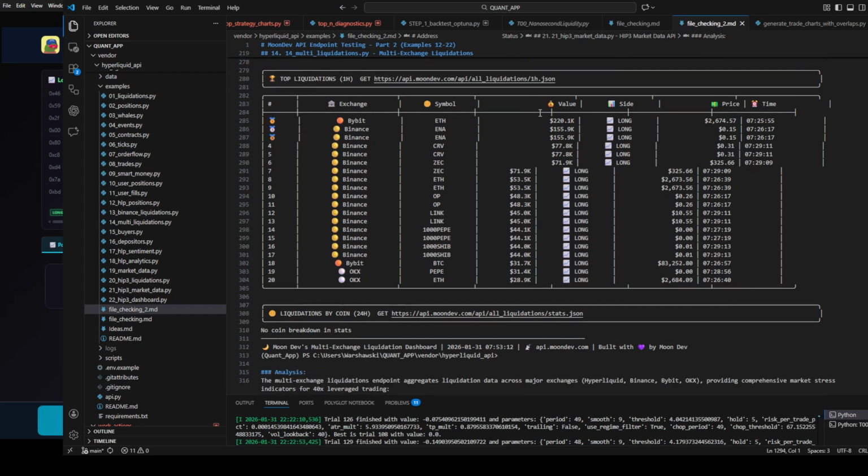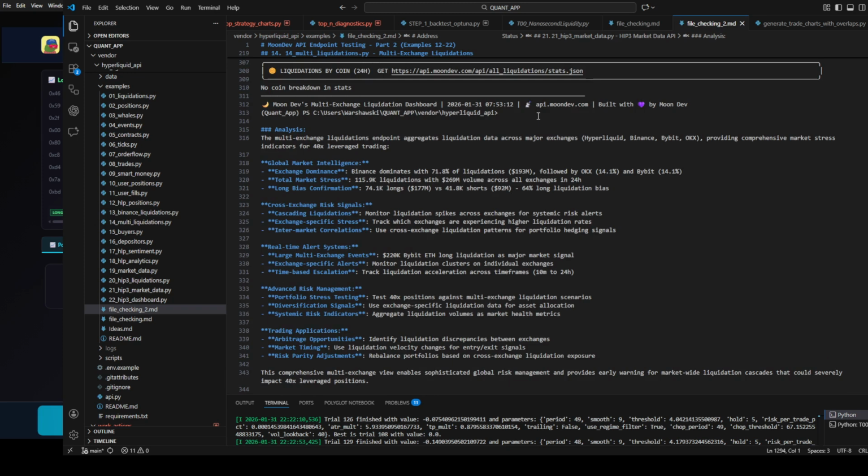The multi-exchange liquidations endpoint aggregates liquidation data across major exchanges, Hyperliquid, Binance, Bybit, OKX, providing comprehensive market stress indicators for 40x leverage trading.